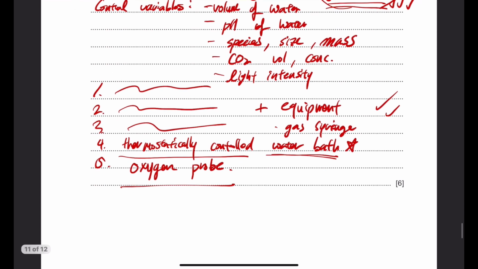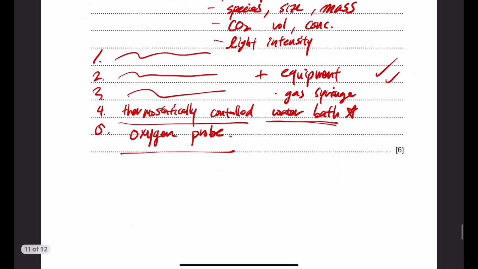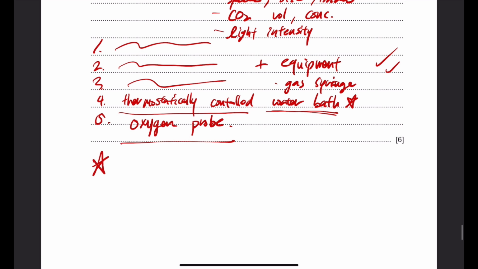And this is the most important part. It never changes in any investigation planning. So I'm just going to draw a star. You will have to repeat the investigation at least 3 times. I'm saying 3 times because I think the mark scheme actually says at least twice, but it's always just good to say 3 times.